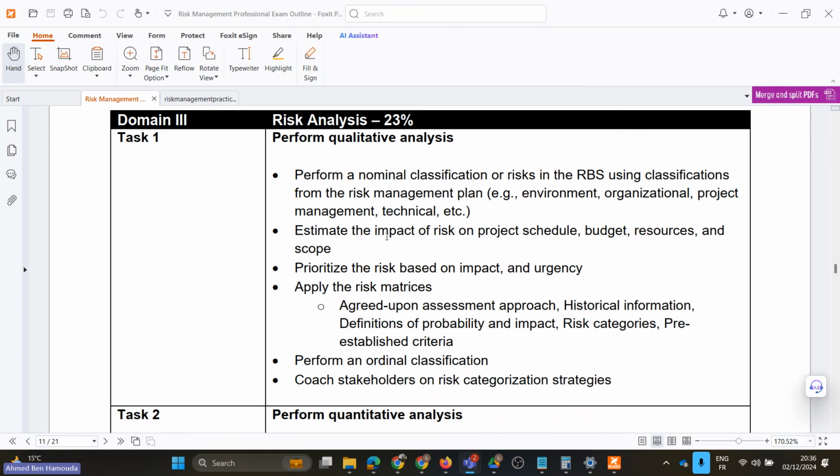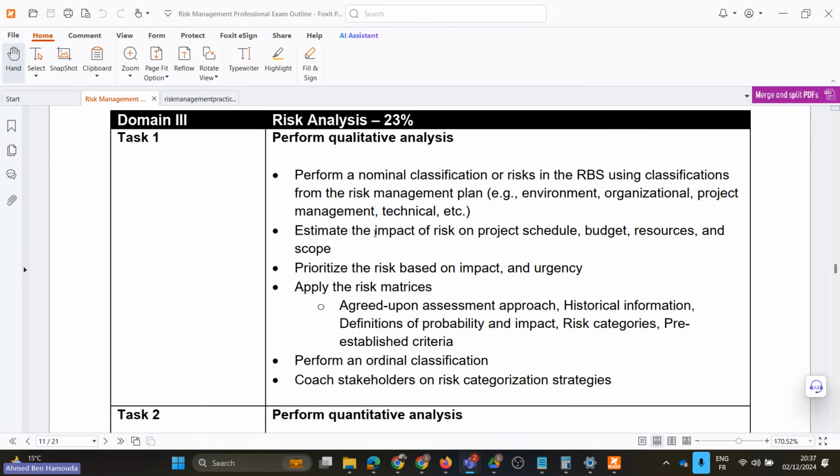Okay, and then of course, with the qualitative risk analysis, we will estimate the impact. First of all, the probability of occurrence of the risk, and defining the probability of occurrence can actually come from different sources, such as historical data from an expert opinion, mathematical calculation, or any other source of analysis.